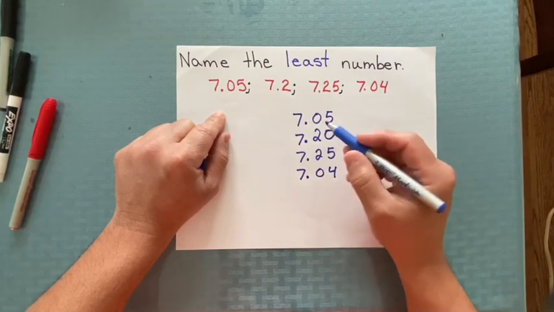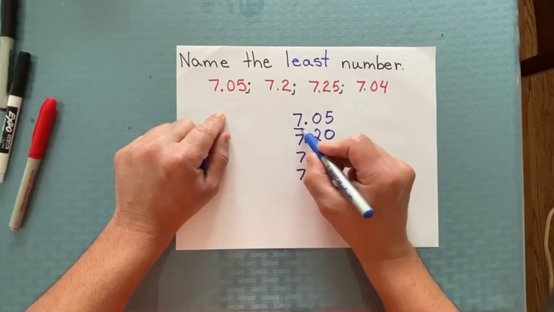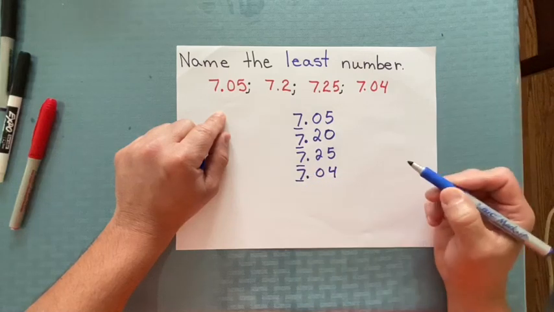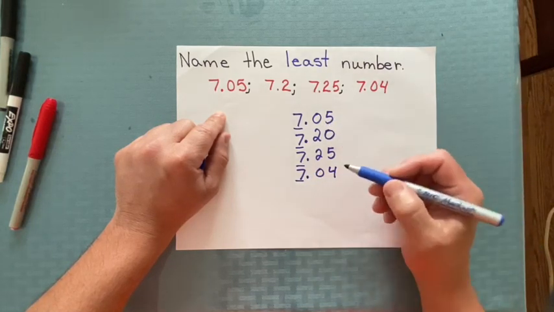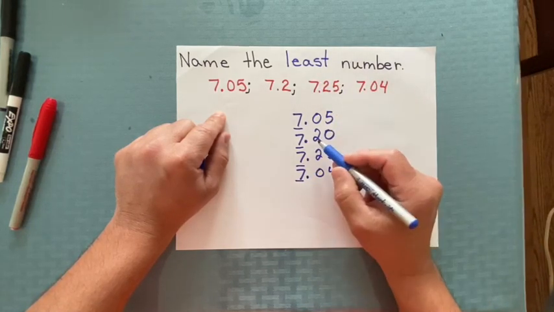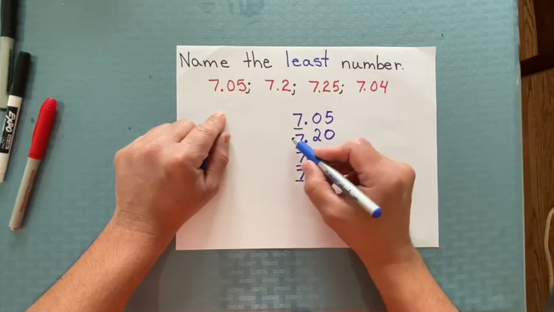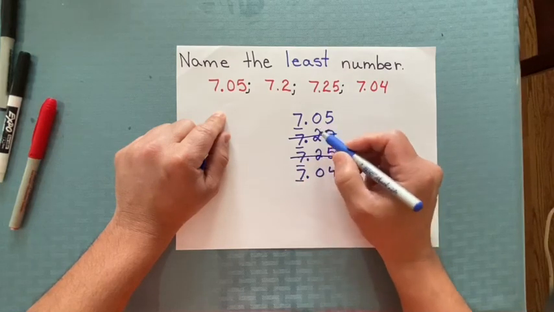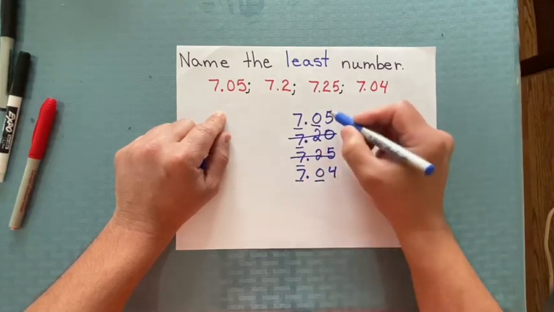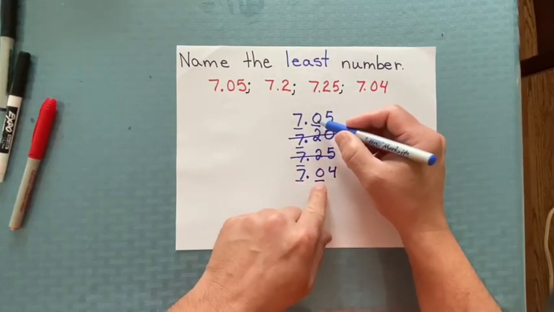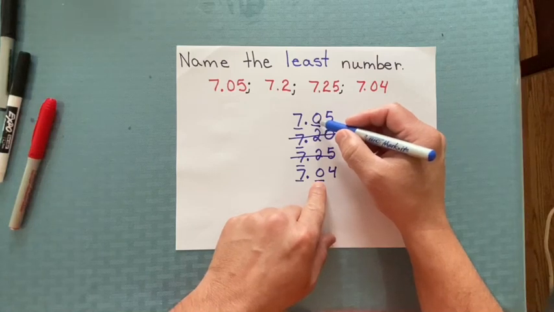So we look at our ones, and we notice that they're all the same. We go to the tenths spot. Now we're looking for the smallest number, so automatically we know that these 2s are not going to work, because a 2 is greater than these 0s. Going to the top and the bottom here, we notice that these are both the same, so it doesn't really help us yet.